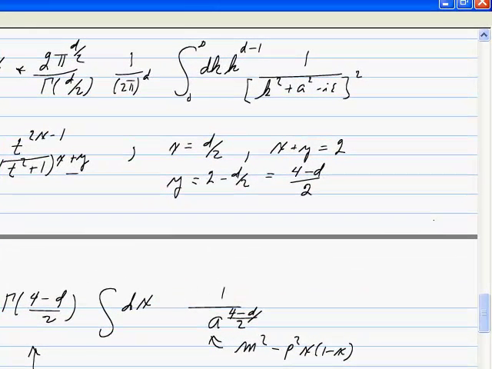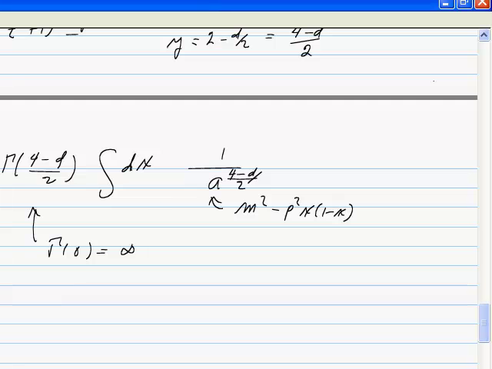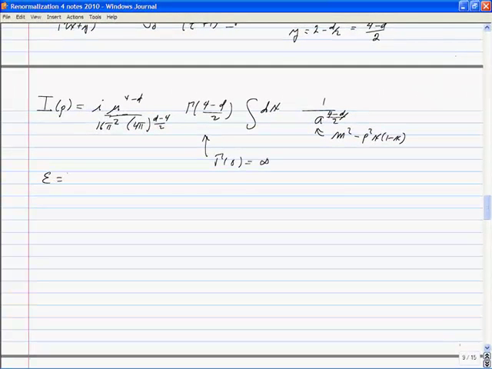Okay. So can we just set, we can't at this stage set it equal to 0, so we do the following. We're going to define epsilon. It's now a different epsilon, but we always use epsilon for small numbers. Epsilon is 4 minus d over 2.